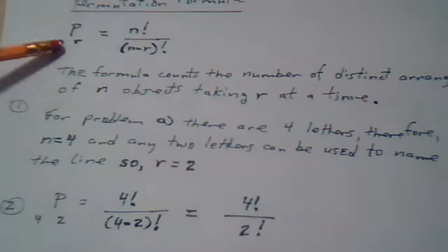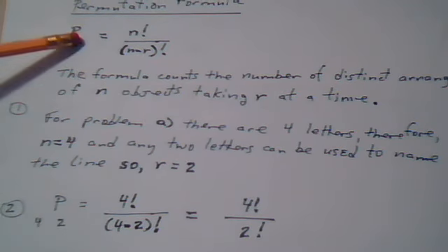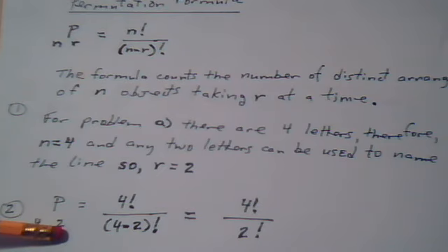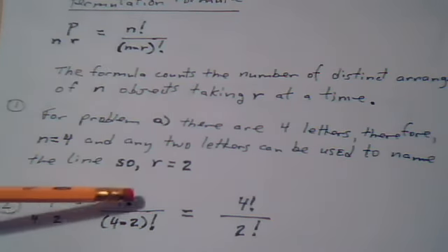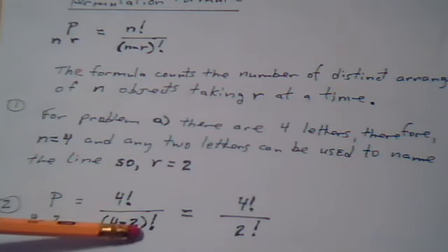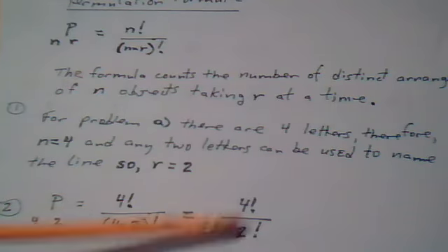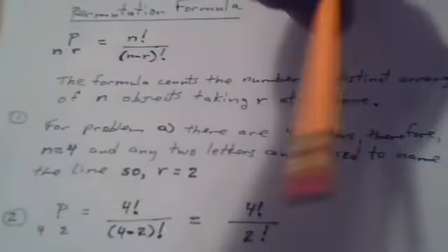So you plug it into the formula. n is 4, so you put the 4 instead of the n. r is 2, so you put the 2 instead of the r. So it's 4 factorial, and then n minus r would be 4 minus 2, which is 2. Notice the factorial symbols. Now you simplify.